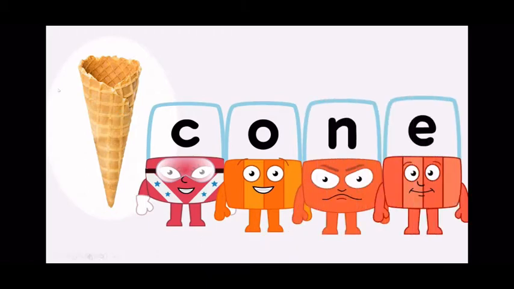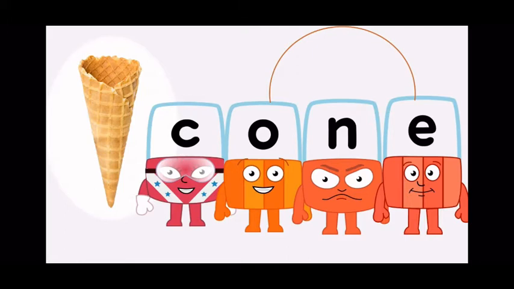We have K or C, O, and E. So the sound of C is K, and the O here is long O. We have O, and then N, and then E. So E here is silent. So O, and it ends with E, so the sound of O is long. You say O. We have to read cone.